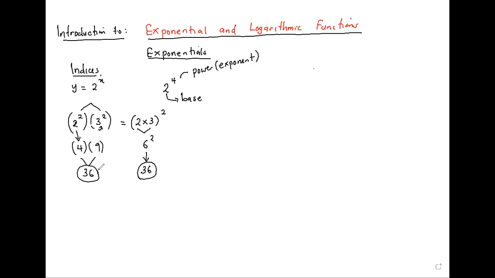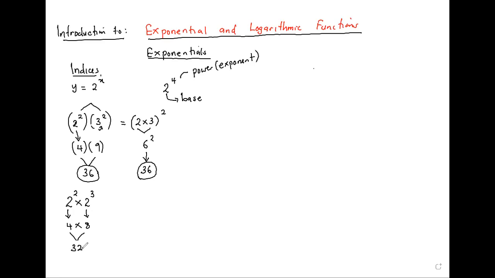So if we have something like the same 2, then to the power 2 plus 3. Maybe let's start with the complicated one. 2 power 2, and then we multiply by 2 to the power 3. If we go down, this is 4 multiplied by 8, giving us 32.